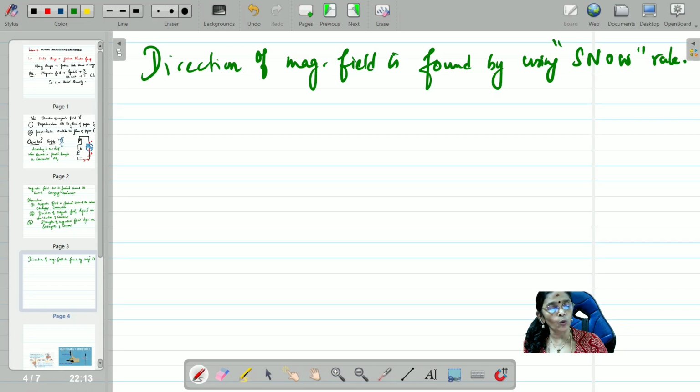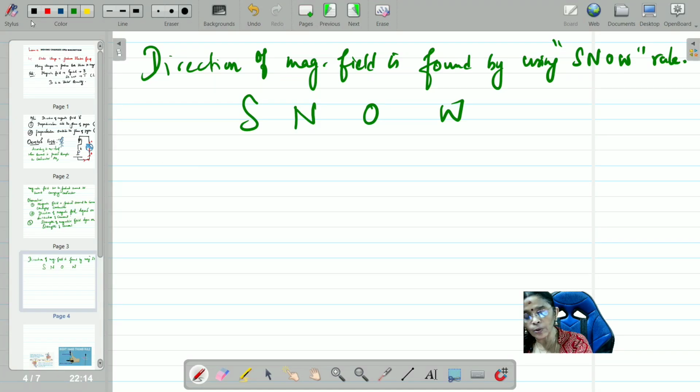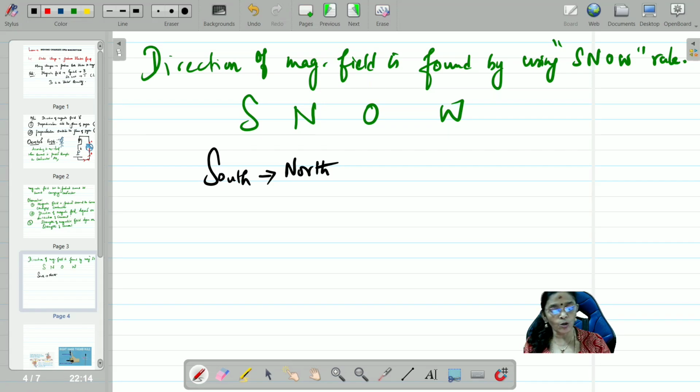What is that Snow rule? S-N-O-W is nothing but south to north. Current flows from south to north.